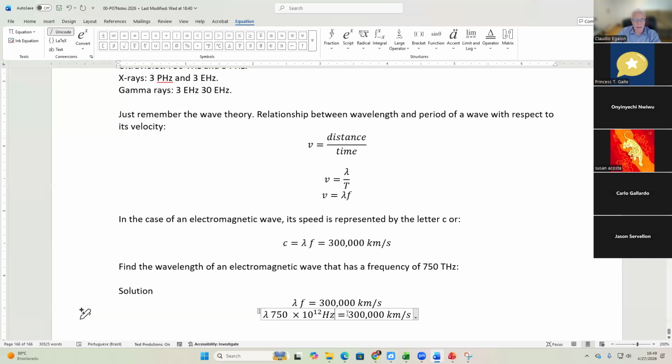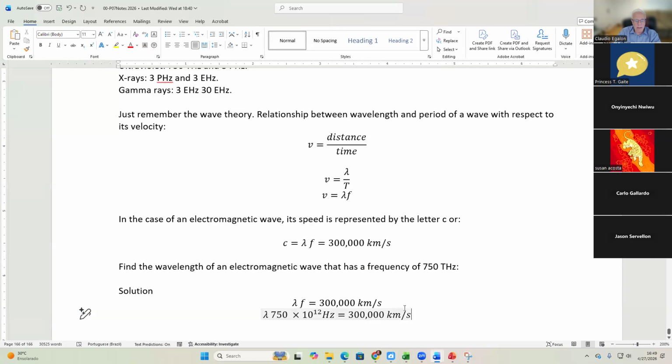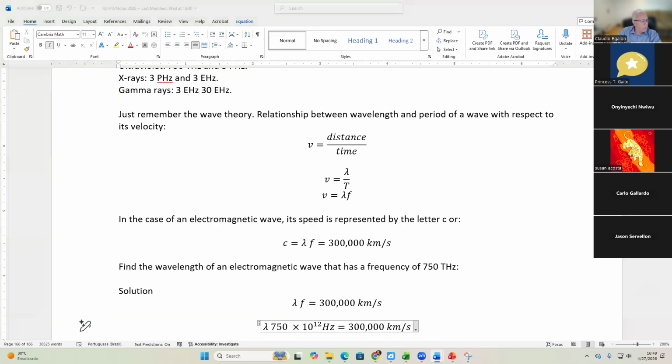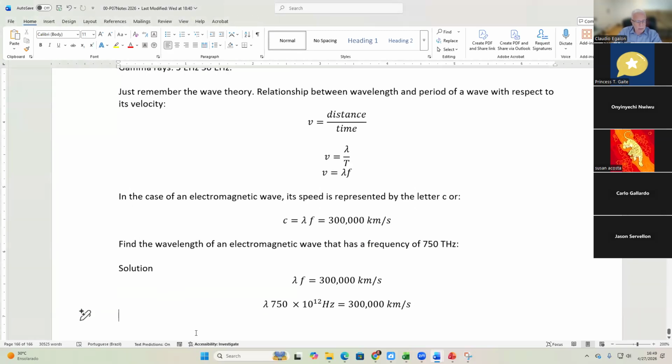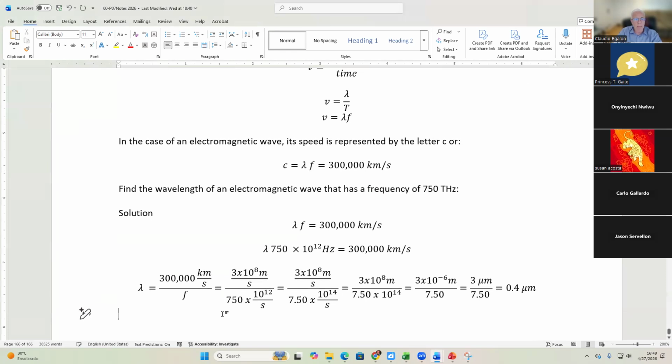Don't forget to put the units. Then you solve for lambda. Here you go, it's 0.4 microns. 0.4 microns is 400 nanometers.